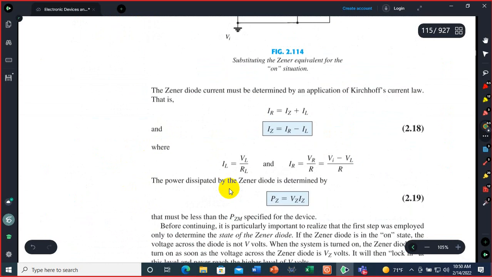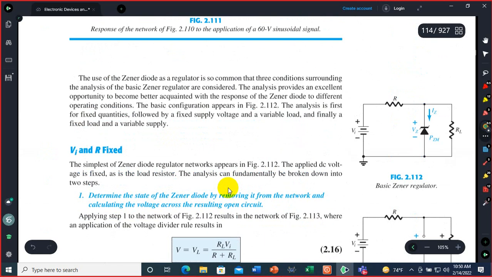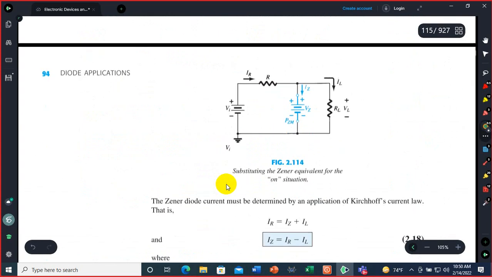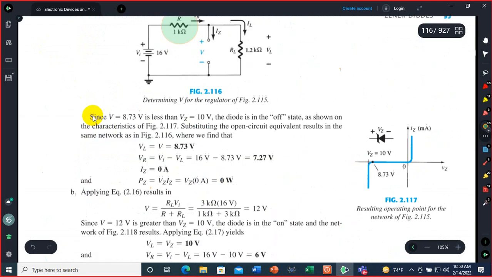Once we know these limits, we can safely design our circuit. The source voltage cannot go above or below this range, and the load resistance cannot fall below or go above its limits. Once you have these parameters, give them in your guideline so that people operating your circuit will follow those values, or fix the values in your design.